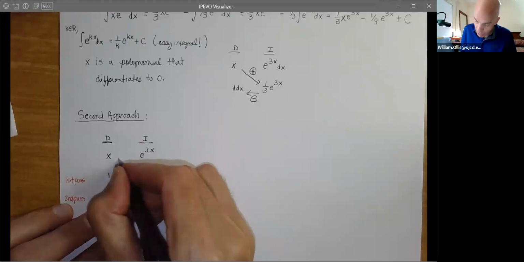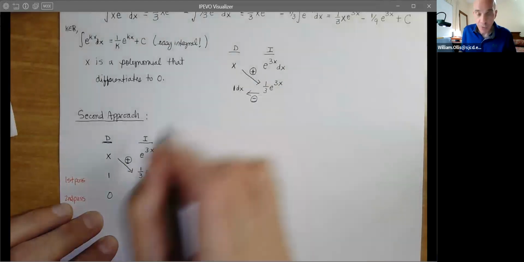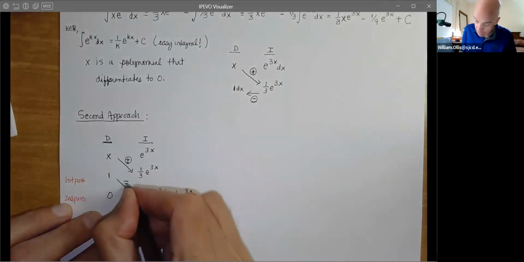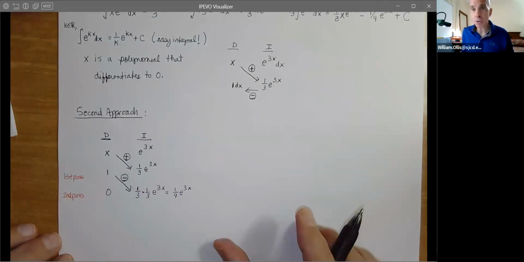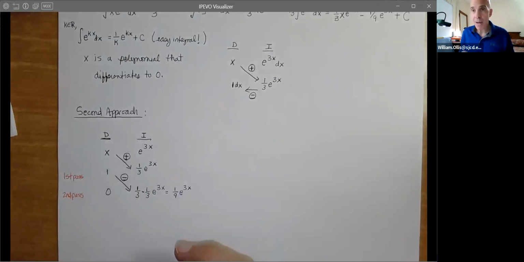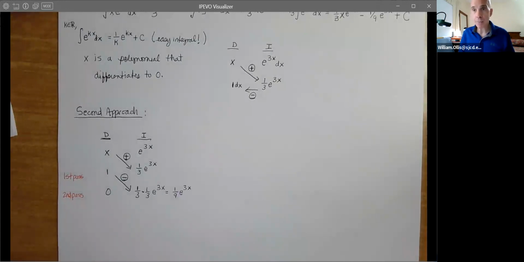So what we can do is do the plus, and then because of the negative sign in the integration by parts formula, do the negative. So when you draw diagonal lines in the integration by parts form, you alternate plus minus, plus minus, plus minus. So now we've done the integral in the second pass without doing it. We did it by integration by parts using this table here to do all the work for us.